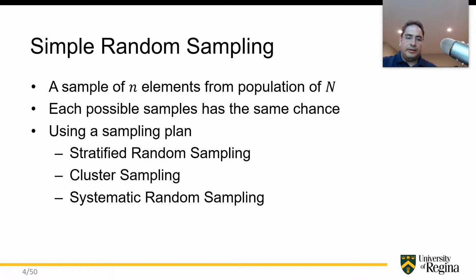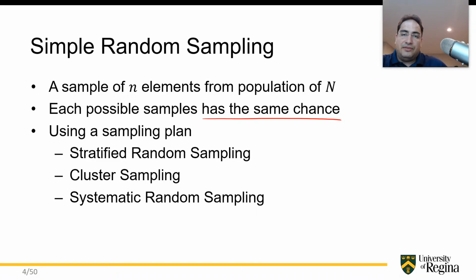So in simple random sampling, you get a sample of n elements from a population of size capital N. This is possible when each element that you get from that population has the same chance of getting selected.